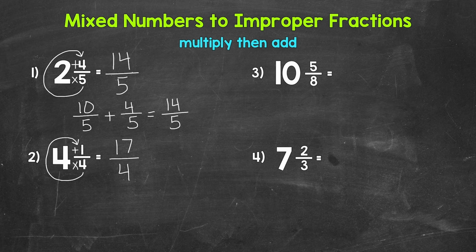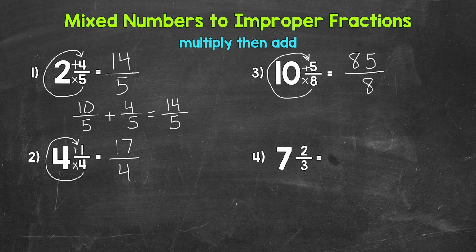So let's write this as an improper fraction. Multiply, then add. 8 times 10 is 80, plus 5 is 85. So 85 is our numerator. Then we keep that denominator of 8 the same. 10 and 5/8 equals 85/8.